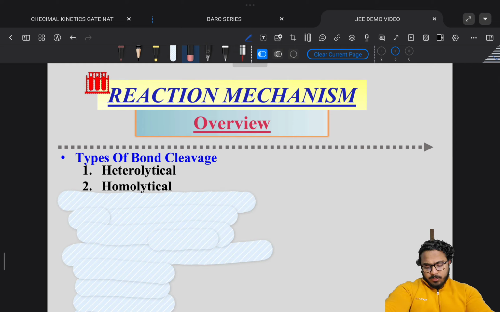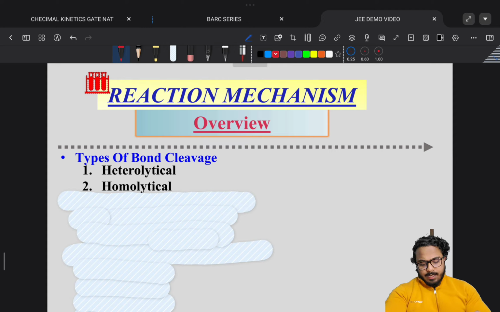First of all, we have to know about bond cleavage. In bond cleavage, there are two types, which I will discuss later: heterolytic bond cleavage and homolytic bond cleavage.